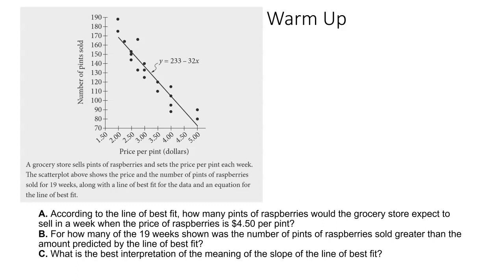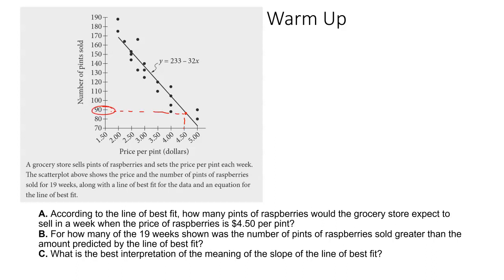So how many weeks do you think they tracked this? 19 weeks. All right, now, according to the line of best fit, how many pints of raspberries would the grocery store expect to sell when the price was $4.50 per pint? I could estimate by looking at the line of best fit, and my answer is going to be somewhere around 90.